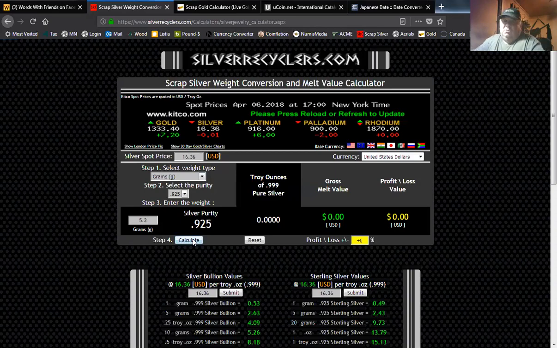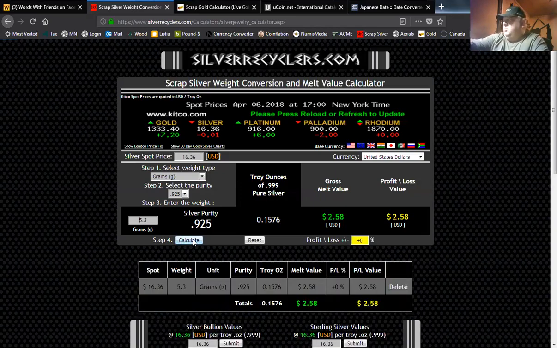Now, if you're going to a pawn shop or selling the ring, or even scrap value, because this is a scrap value, the dealer's going to give you under what the ring is worth, but this will tell you what the ring is worth before you take it to them and see how bad they're going to rip you off. So we'll calculate that.